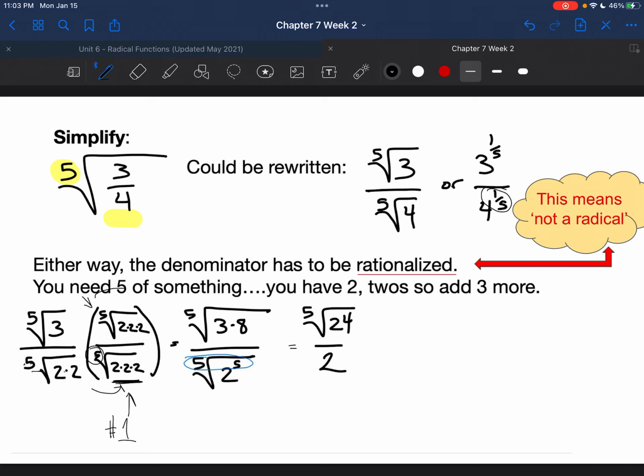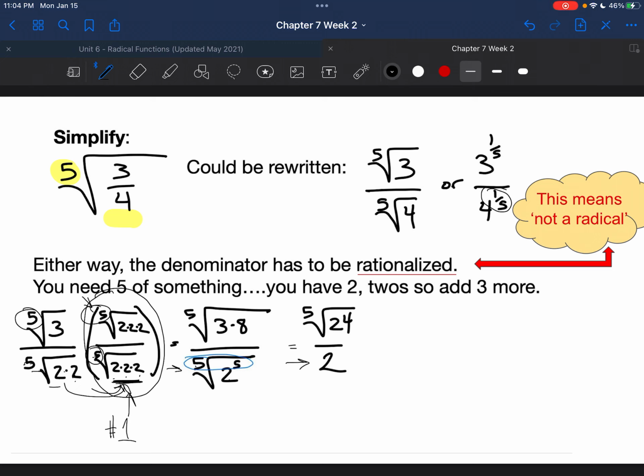So this is our number 1, same thing on the top, same thing on the bottom. Now, when I multiply across, my index stays. I've got the fifth root, and now I have 1, 2, 3, 4, 5 2's. 2 to the fifth. I have 5. I need 5. Those go away, and I'm simply left with a 2. So now I have no radical sign on the bottom.